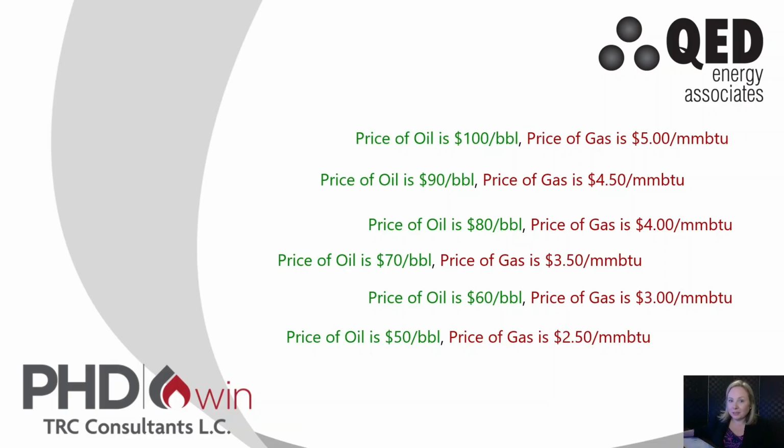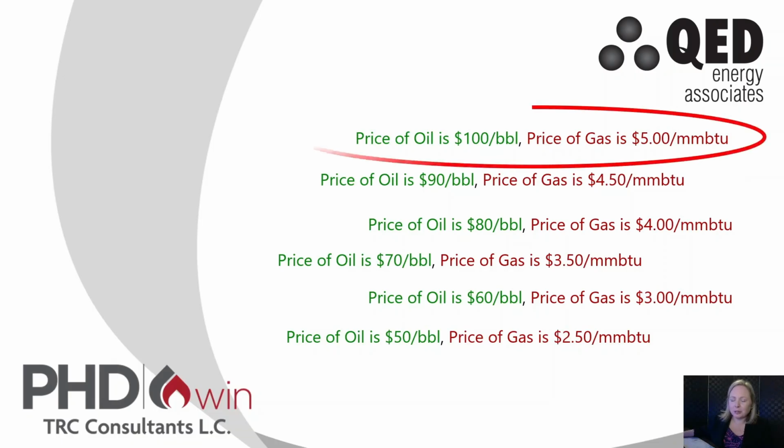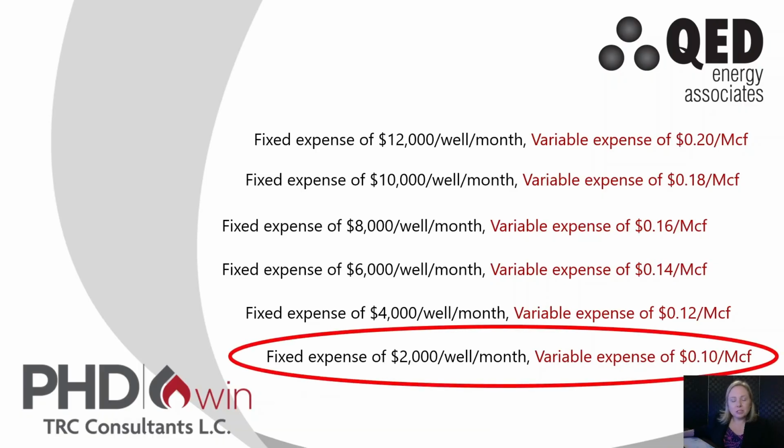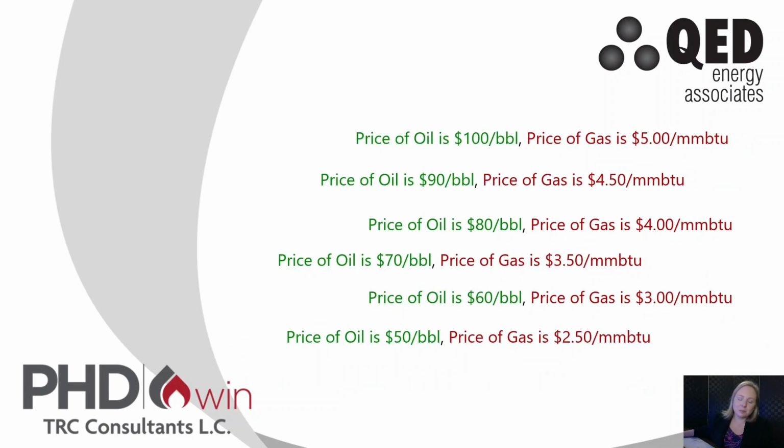That's right, you'd choose the highest one: $100 for oil, $5 for gas. Likewise, what would you choose for your expenses? You got it. We'd choose the lowest, $2,000 per well per month and only 10 cents per MCF on those variable OPEX for gas. That makes sense for a best case scenario.